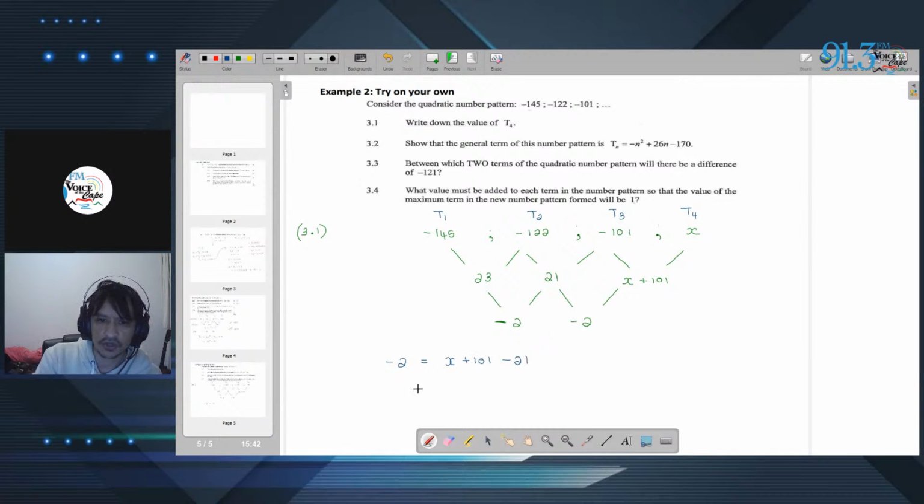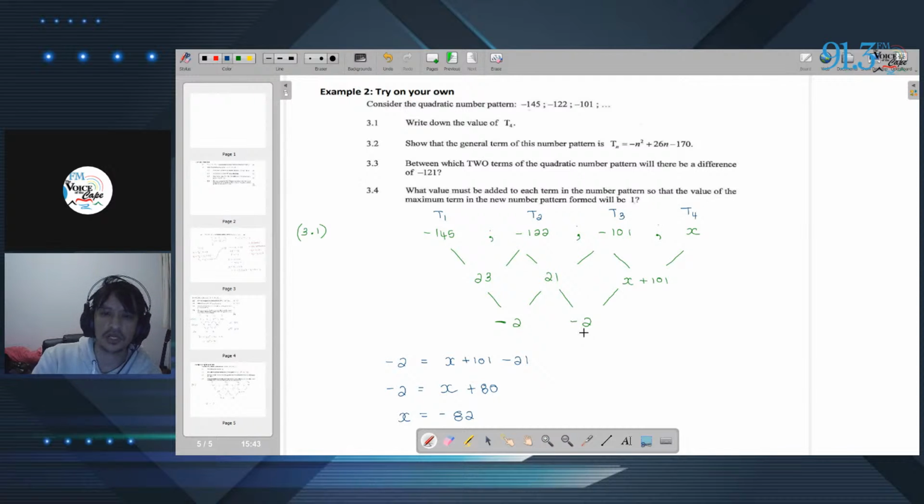What's 101 minus 21? That's 80. So negative 2 is equal to x plus 80. We move the 80 over and we find that x is equal to negative 82. And negative 82 is our value of x.